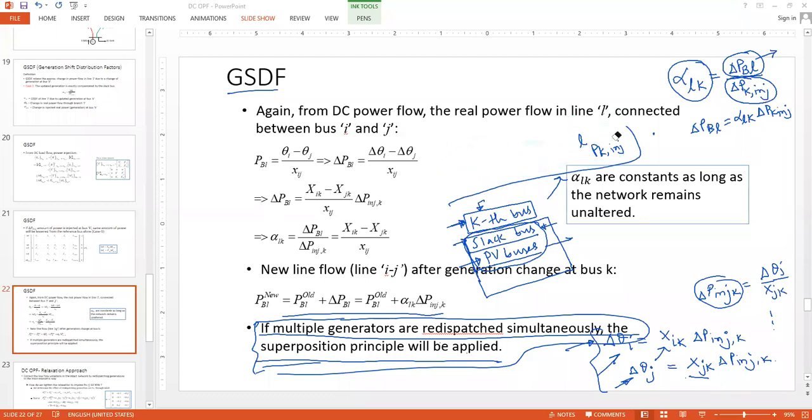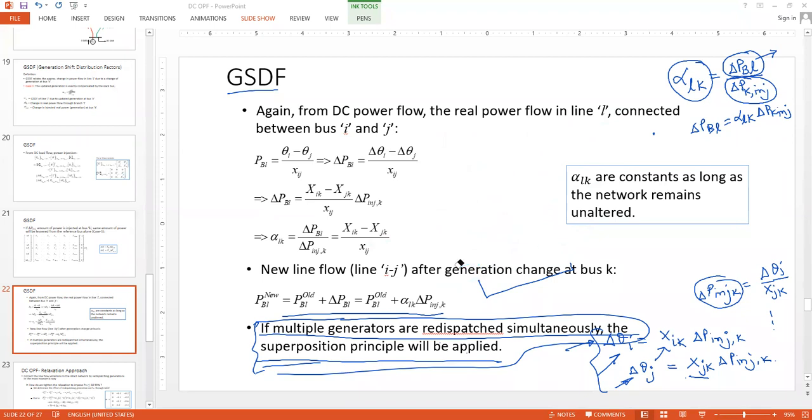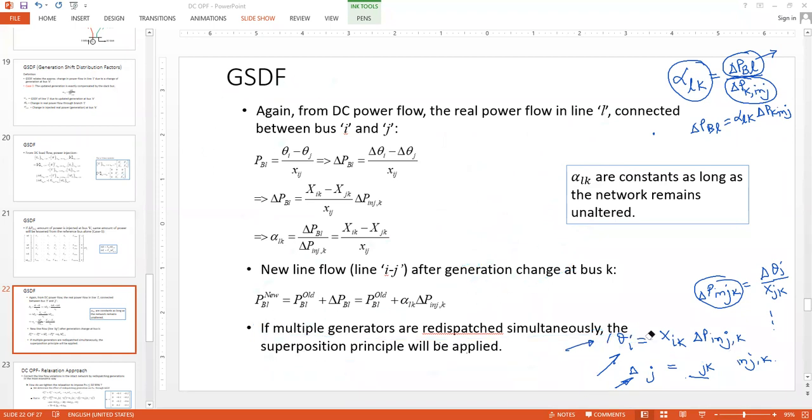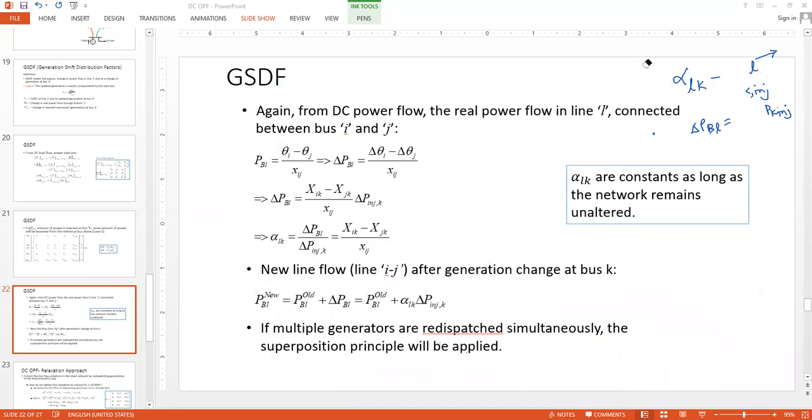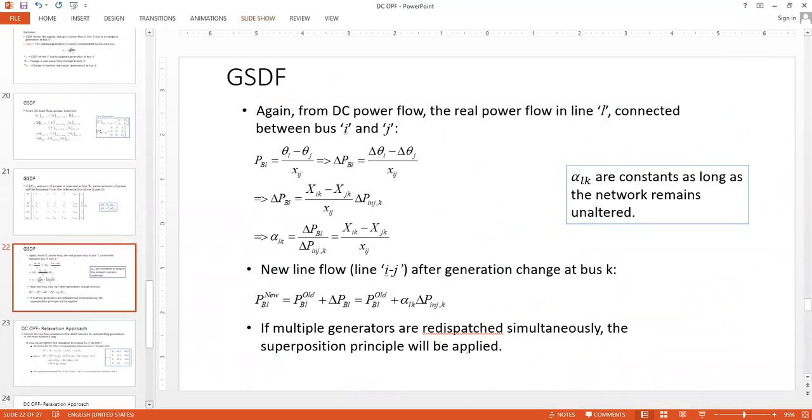With all this information, we are now ready to apply our knowledge of GSDF to our DCOPF, the problem that we started but couldn't finish because of the lack of knowledge. But now we have the knowledge of GSDF. We know how GSDF can be utilized to find the updated line flow.